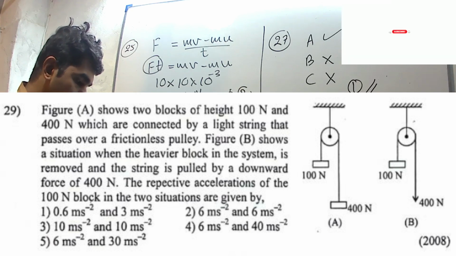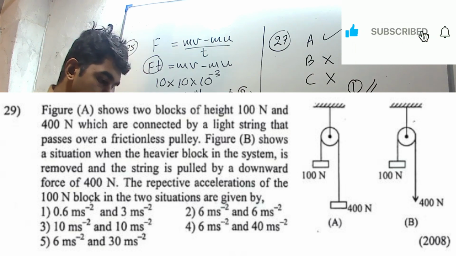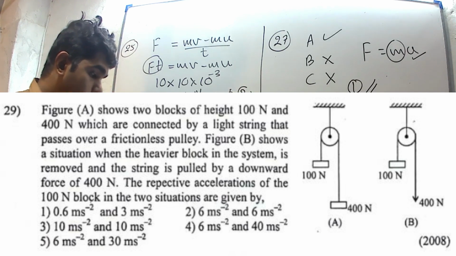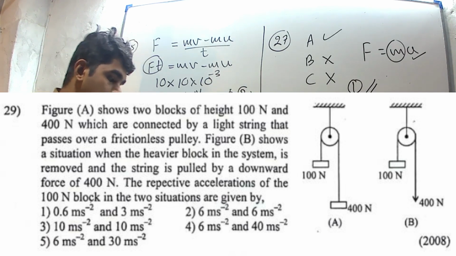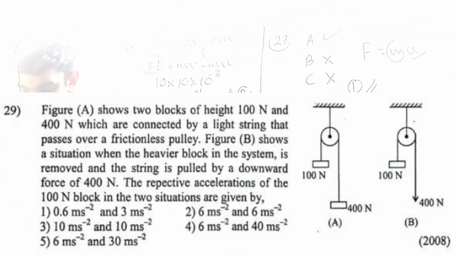Figure B shows the situation when the heavier block in the system is removed, and then the string is pulled by a downward force of 400. The respective accelerations of the 100 Newton block in the two situations are given by.